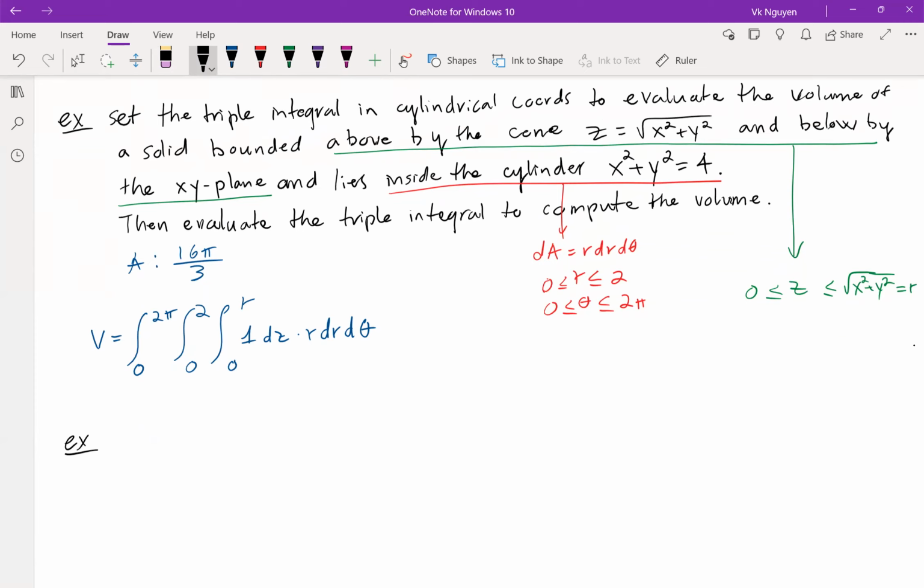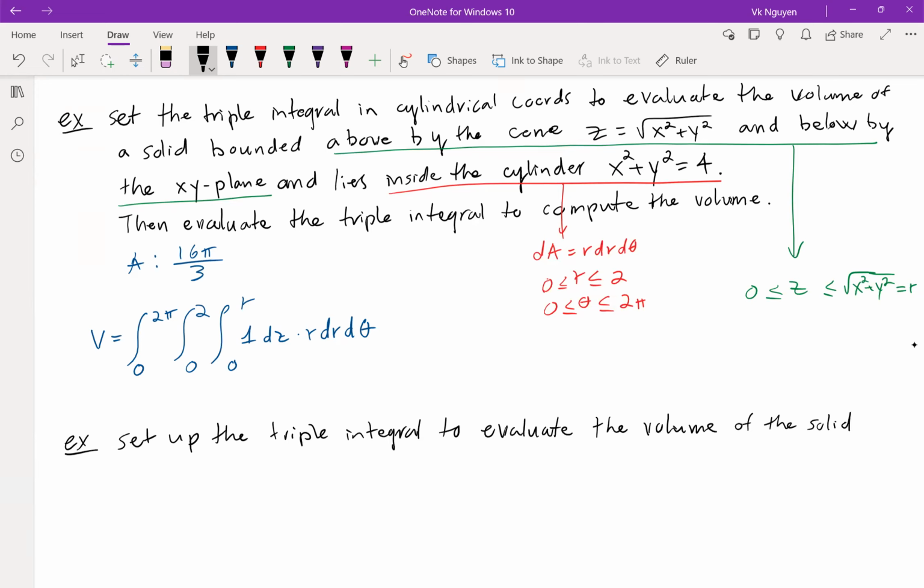Okay, so set up the integral to evaluate the volume of the solid enclosed by z squared equal x squared plus y squared, z equal 1, and z equal 2.